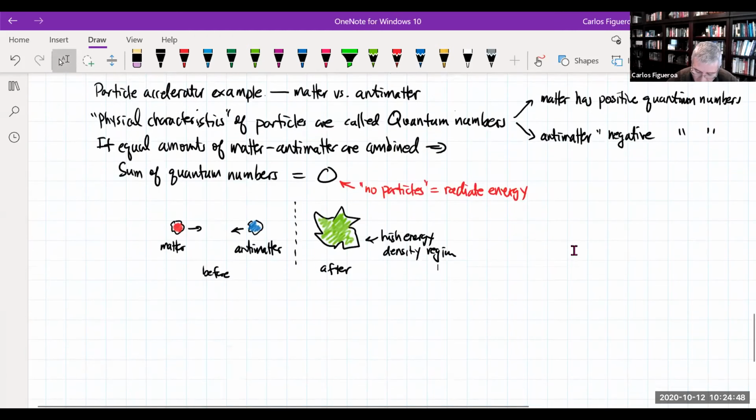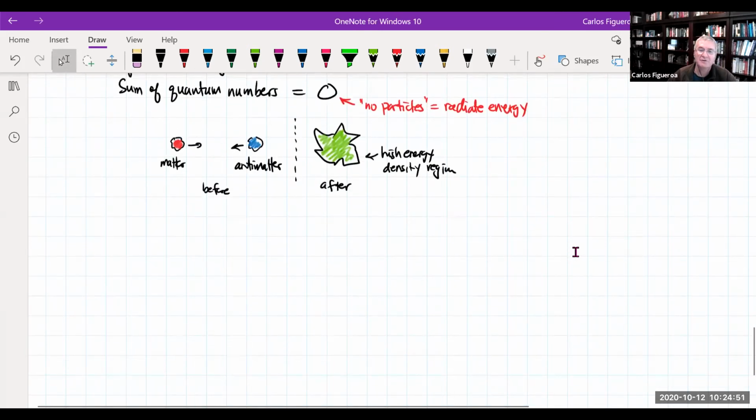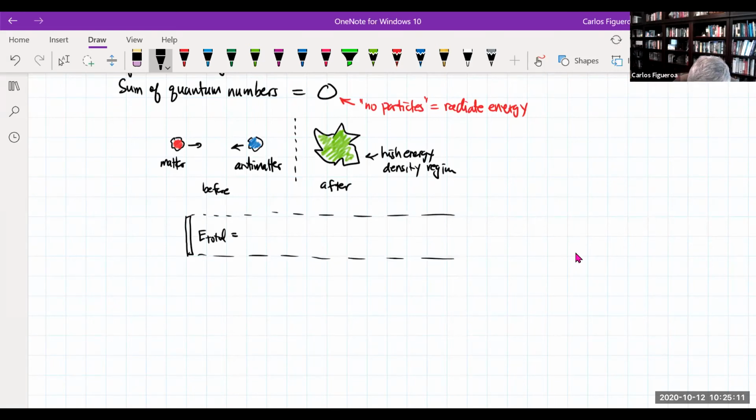So if I was to draw a bar diagram, hey Manuel, here's a bar diagram for you, baby, right? So this tells you the total energy of the system. And what do I mean by total energy of the system? That means that these particles had what? Well, I can't violate energy, right? The principle of energy says it's got to be the same. So each of these particles has a certain amount of kinetic energy that's coming in. So when I look at the energy, I'm going to have some amount of kinetic energy. But each of these particles also has rest energy, right?